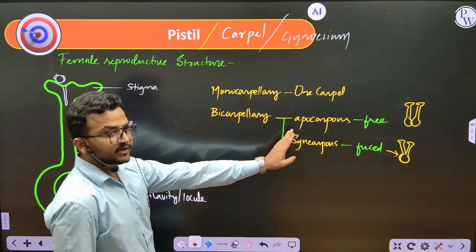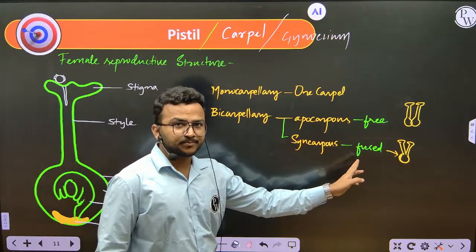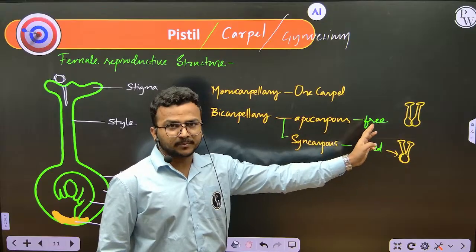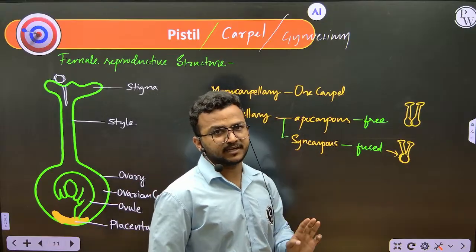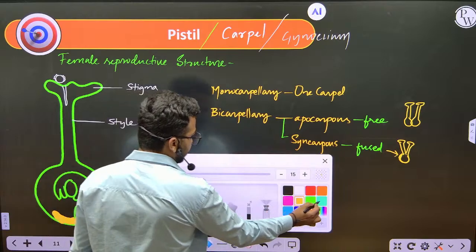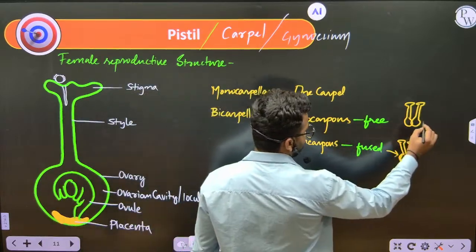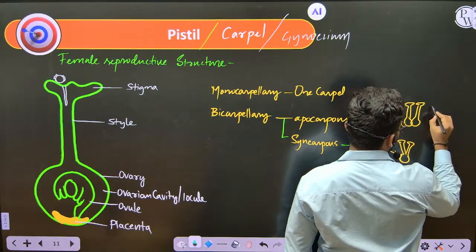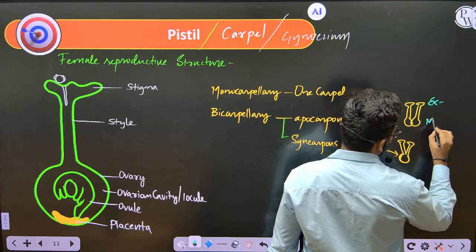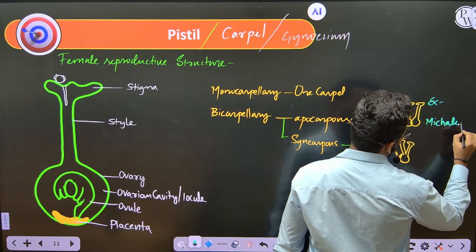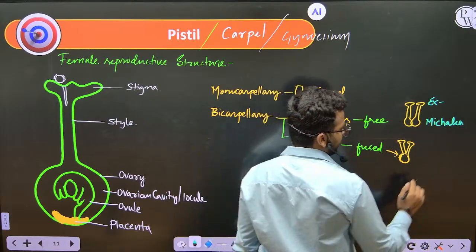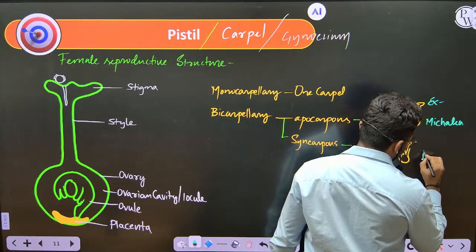The examples are important: for the syncarpous condition, Papaver somniferum is given, and for apocarpous, free carpels present in flowers, Michelia champaca is given.